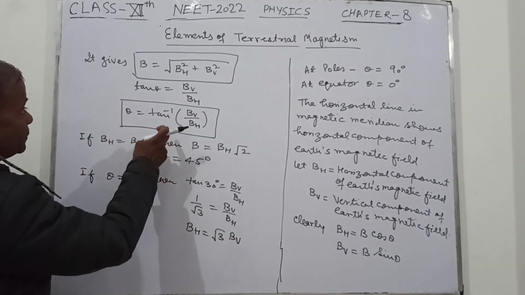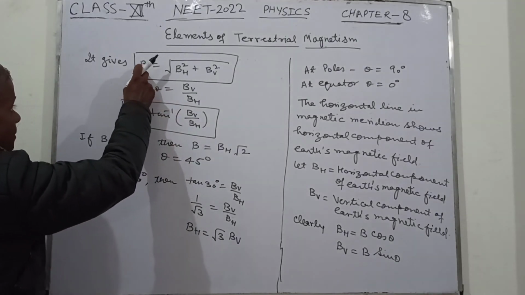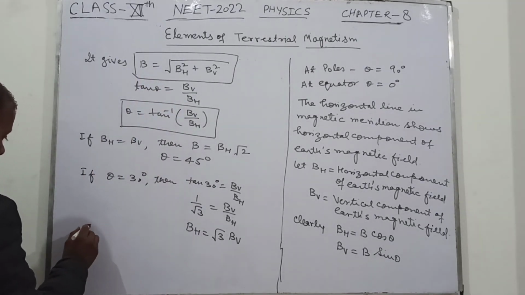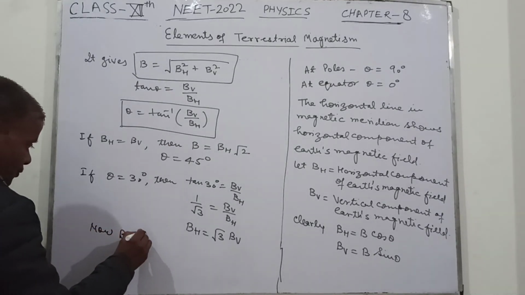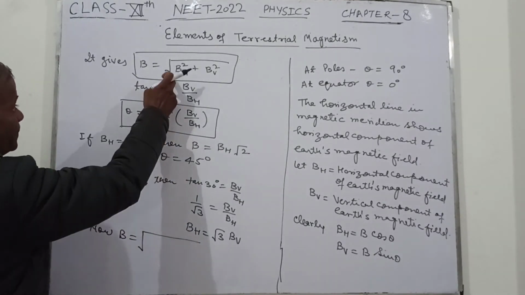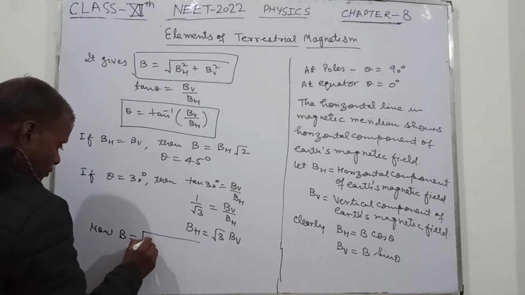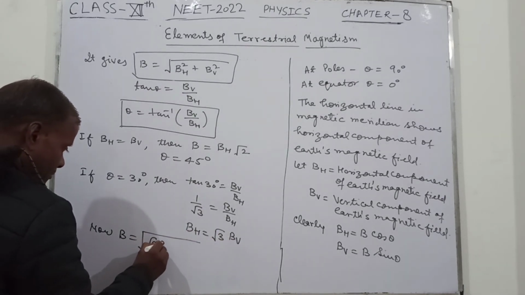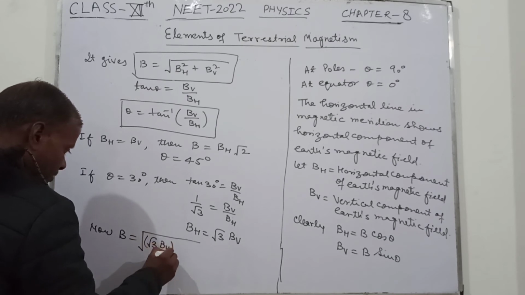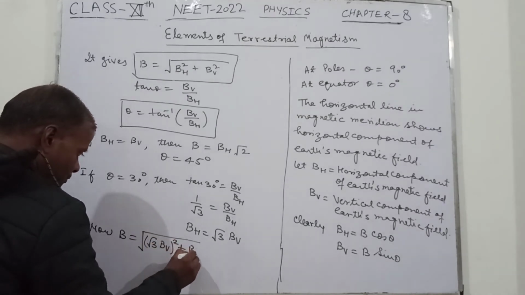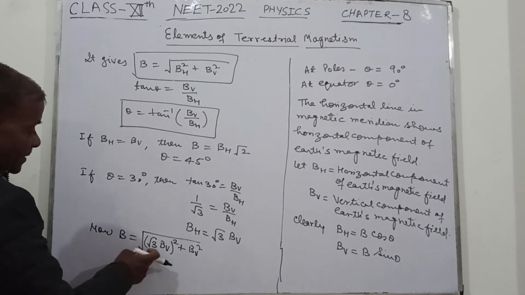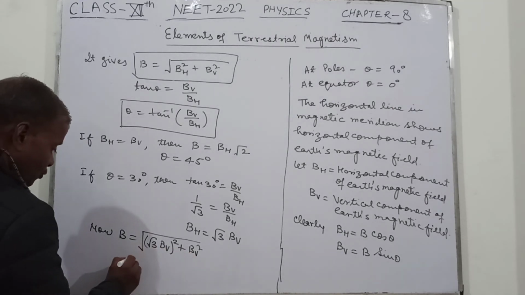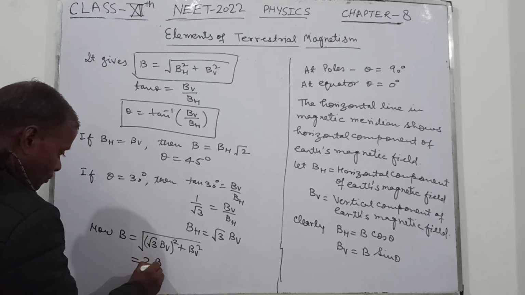Now in that condition we can have the relation for B. B equal to square root of, in place of BH we write root 3 BV, whole square, plus BV square. So root 3 square means 3, plus 1, 4, so this is 2BV.